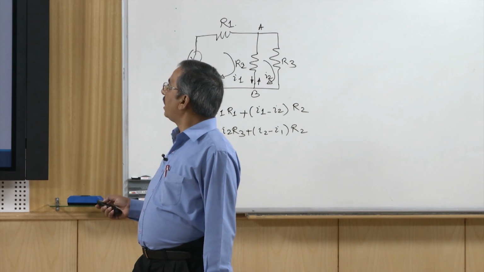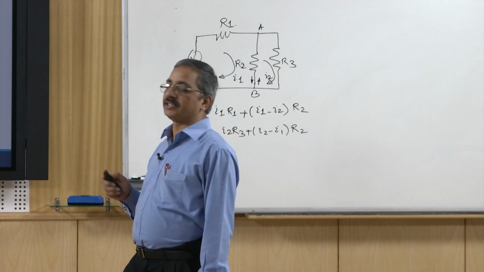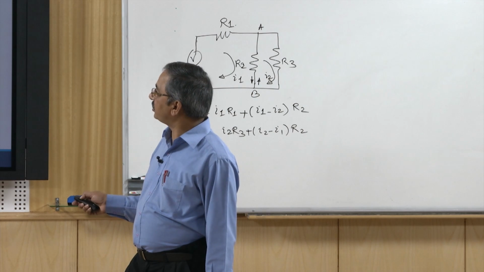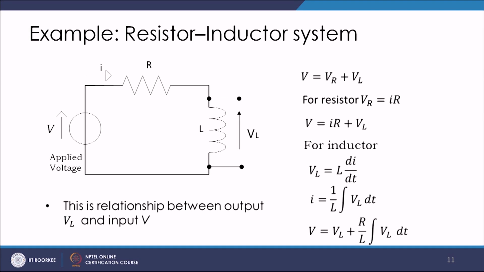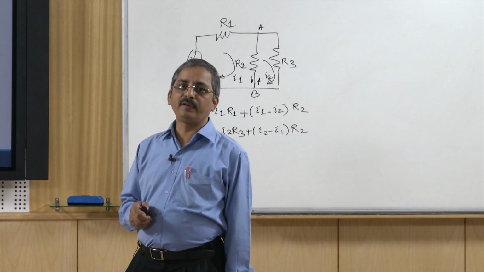Now, this is an example of a resistor inductor system. Say we have a resistor and an inductor, both connected in series, and there is a voltage source, which is again connected in series through both of these elements, and my interest is to find out the voltage across the inductor, that is the VL.